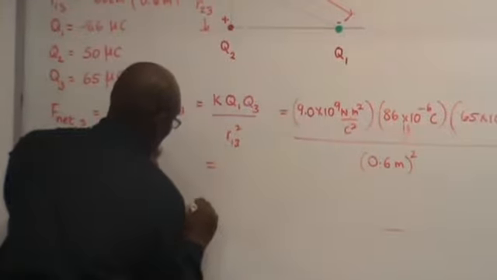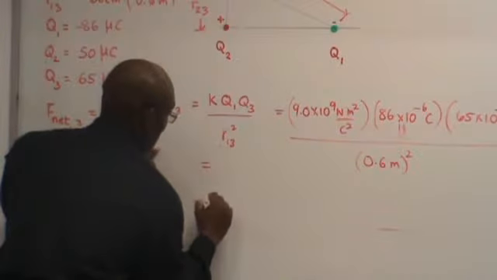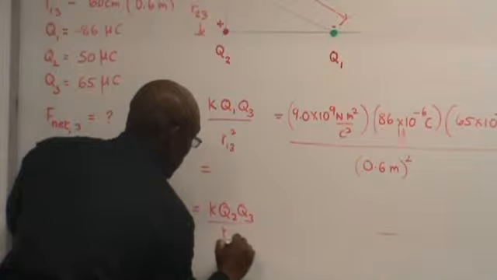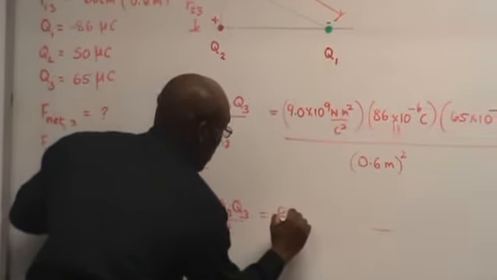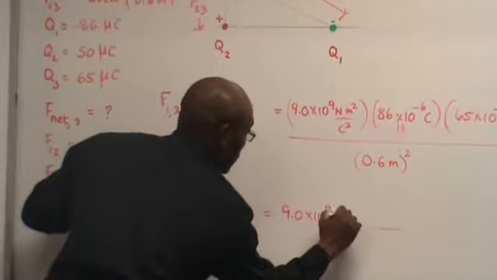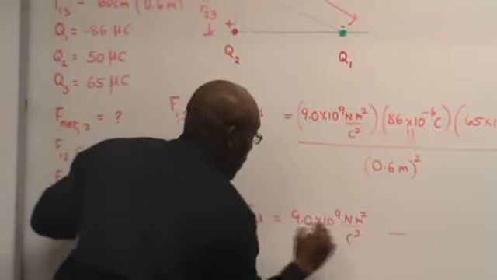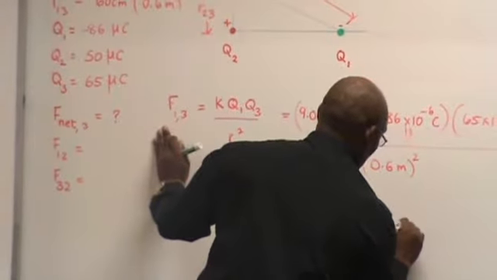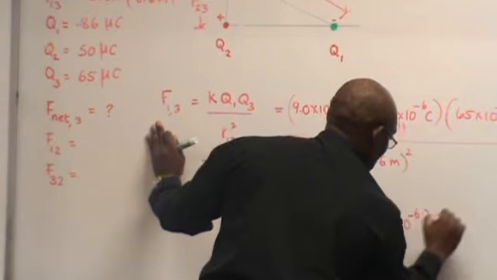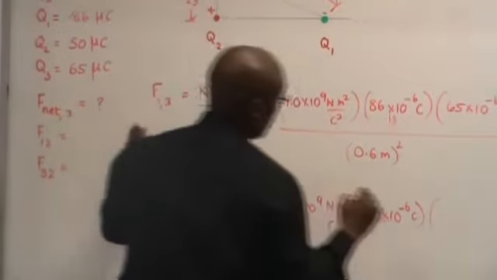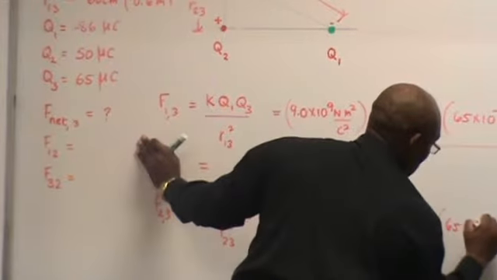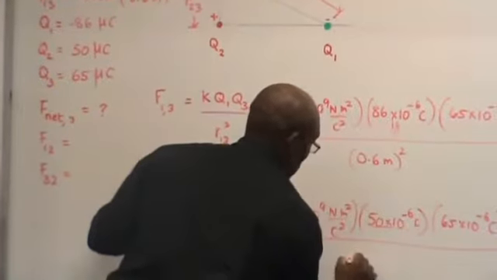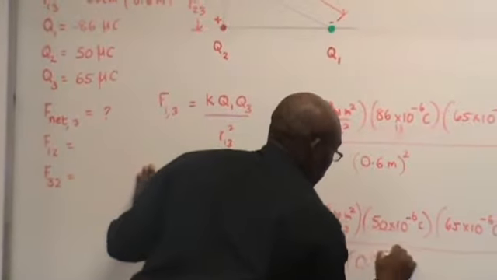So for this one, once again, k Q2 Q3 over R23 squared: 9.0 times 10 to the 9 newton meter squared over coulomb squared, times 50 times 10 to the negative 6, times 65 times 10 to the negative 6, divided by 0.3 meters squared.